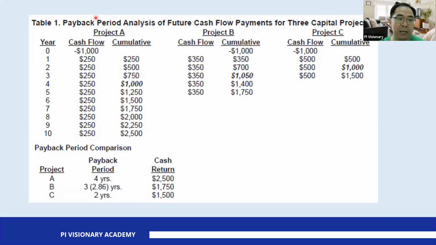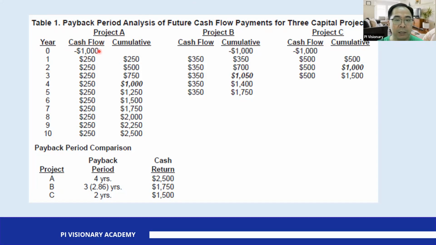What is the payback period? Number one. This is when you are presented with it by the finance director, so that you know how to participate in the calculation and in the business discussion. You see this project A, project B, project C, cash flow. In investment decisions, we always talk about cash flow.